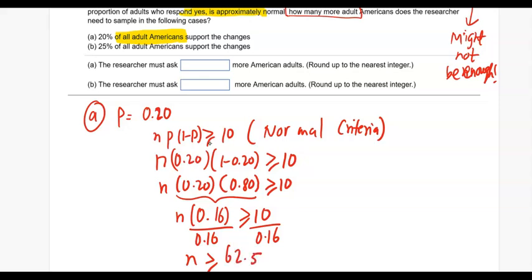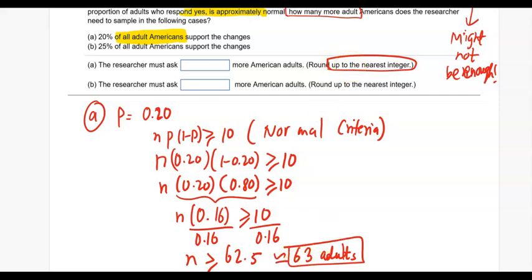So round up to the nearest integer, which is 63 adults. Notice that rounding up means that even if you have 62.1, you still have to go to 63. That's what rounding up means.